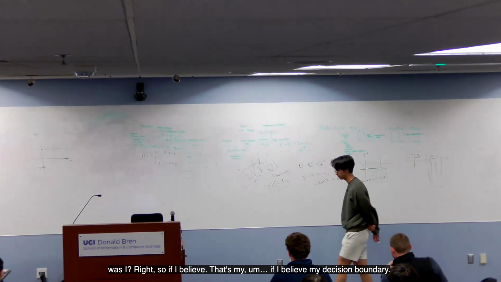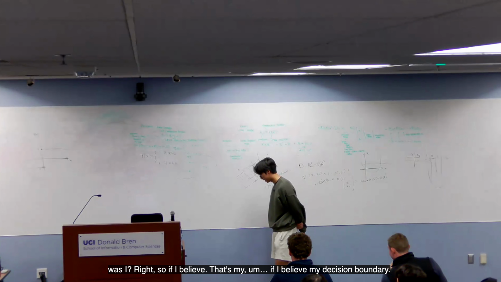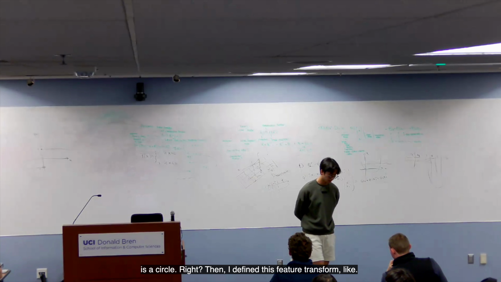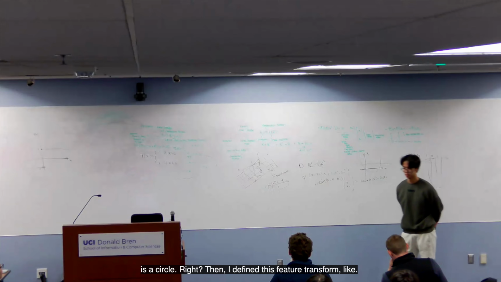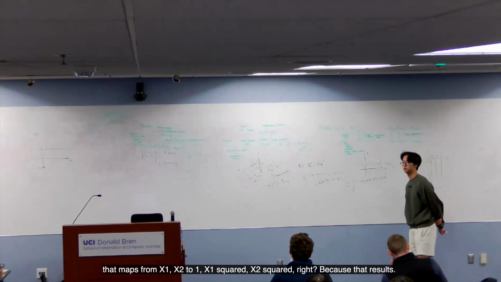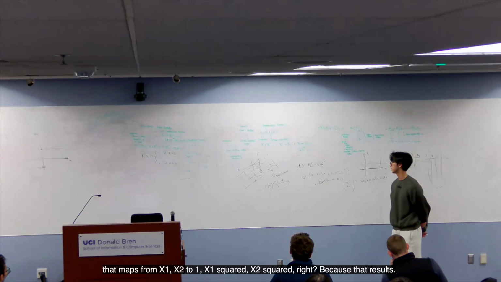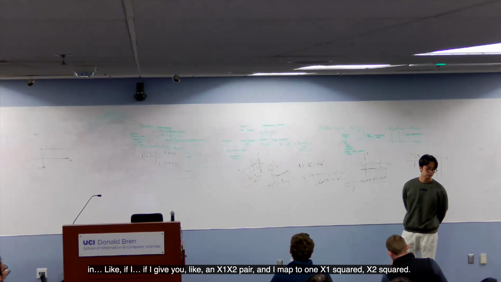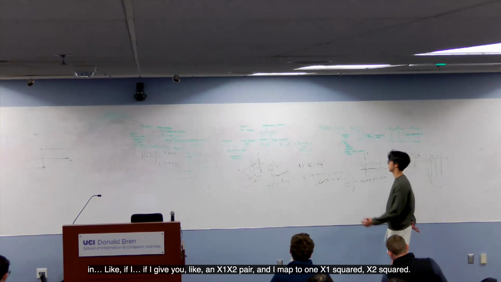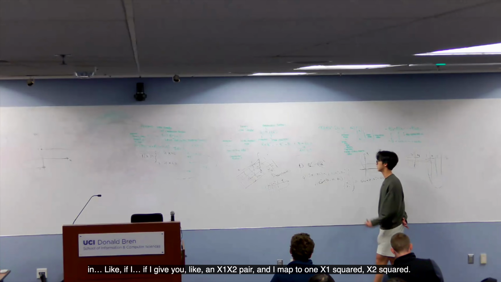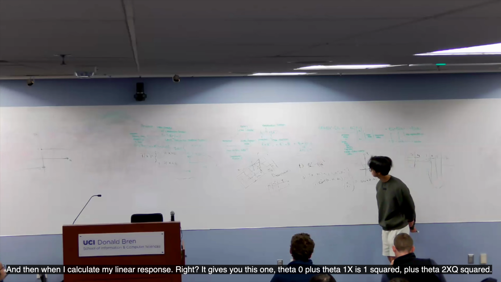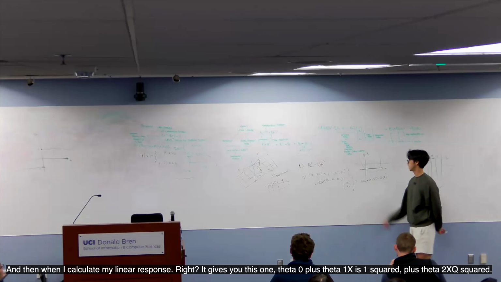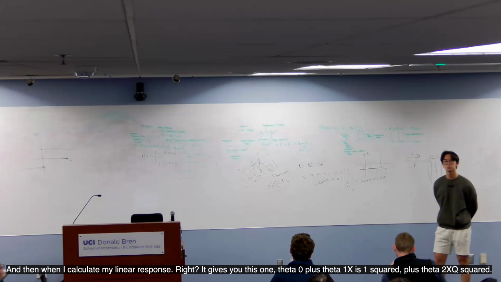Right, if I believe my decision boundary is a circle, then I define this feature transform that maps from x1, x2 to 1, x1 squared, x2 squared. When I calculate my linear response, it gives you the form theta 0 plus theta 1 x1 squared plus theta 2 x2 squared.